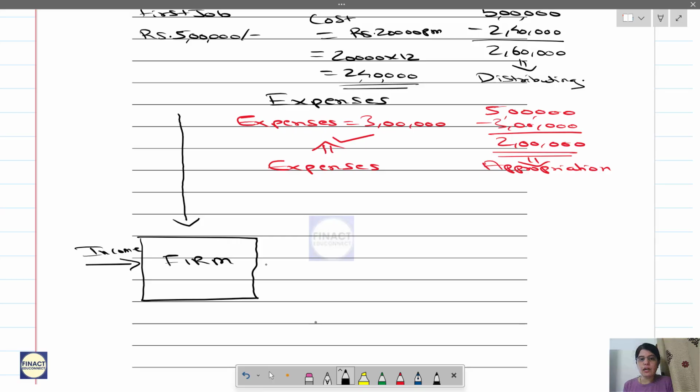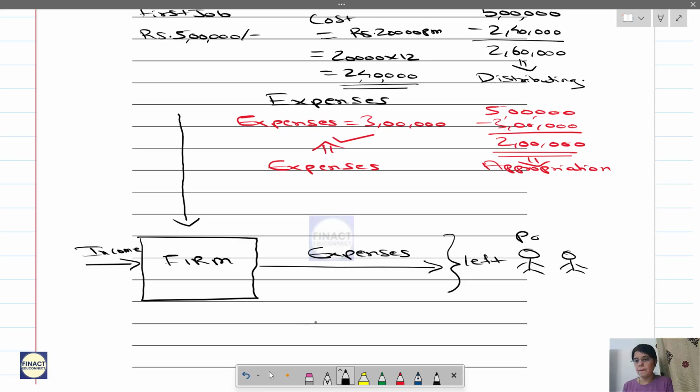It will use this income to incur some expenses. Once the expenses are incurred, whatever is left will be distributed to partners.